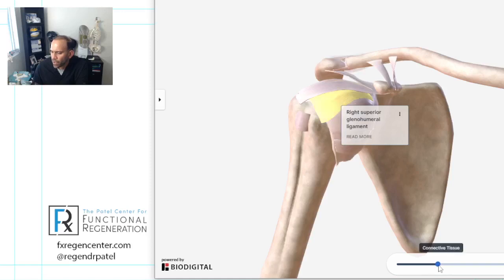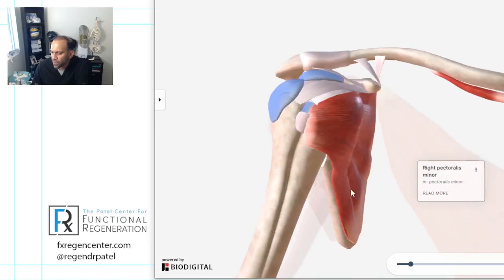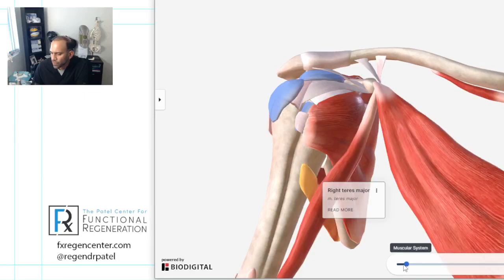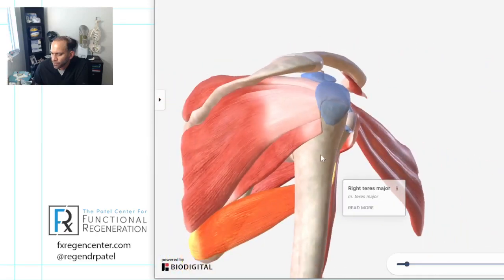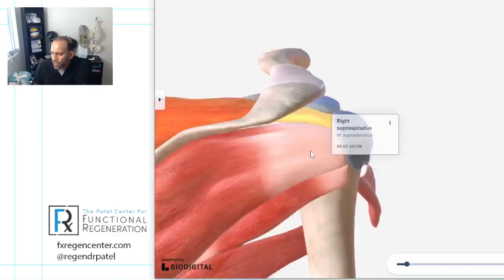And then on top of that, we then have our rotator cuff muscles. So in the front, we have your subscapularis muscle. And let's see if I can get these rotator cuff muscles coming in. There we go. In the back, we have teres minor, infraspinatus, and supraspinatus.